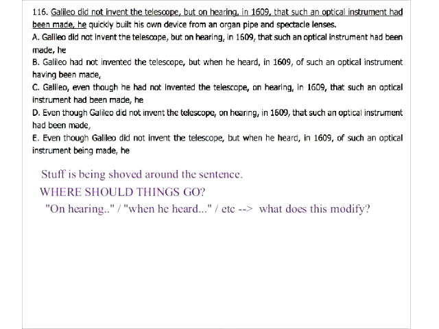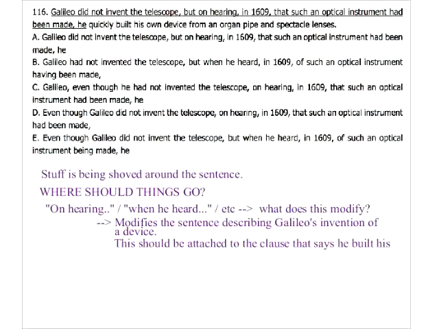I mean, telescopes don't hear things. So this modifies the description of Galileo's invention of a device. Therefore, this should be attached to the clause that says he built his own device.